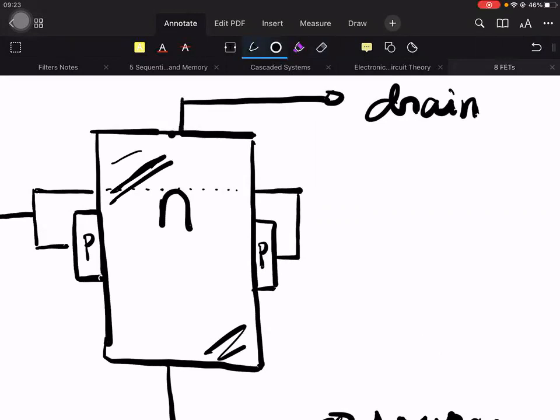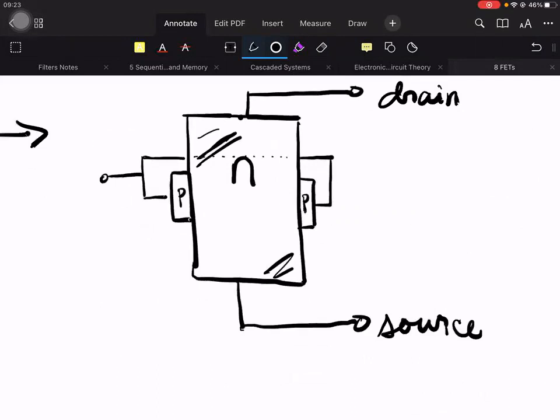It's a source because it's the source of the electrons, like electron flow or current, and the drain is where it flows to. Like a faucet that is the source of water, then it flows down to the drain in the sink. And this one is appropriately named the gate.